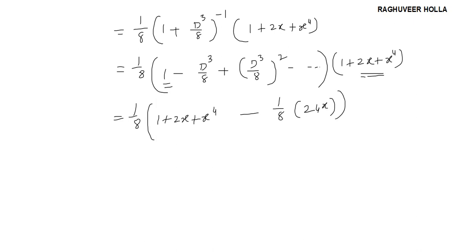Now when you try to simplify further, I get this as 1 by 8 times x power 4, plus, let me further simplify it, you get minus x plus 1, so this will be your yp. So y is equal to yc plus yp. So hence we have solved this equation.